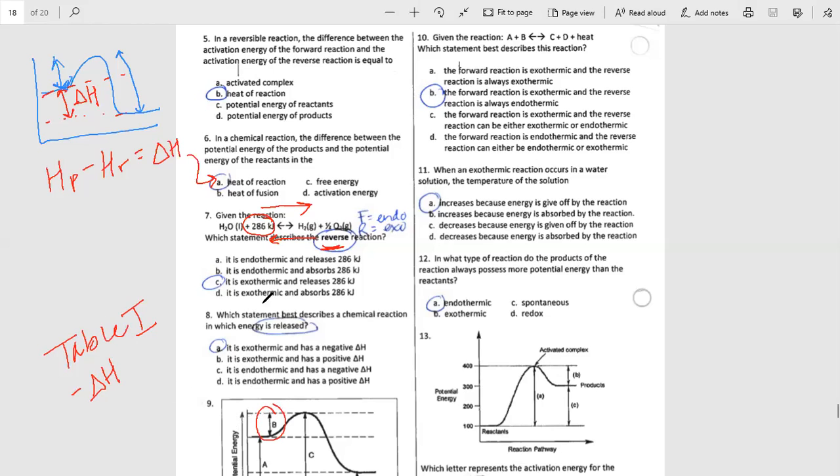Right there, letter B. Number 10 is a lot like number 7. Going in the forward reaction, you have heat on the right, exo. And then in the reverse reaction, heat is entering, so it's endo. Forward is exo, reverse is endo.